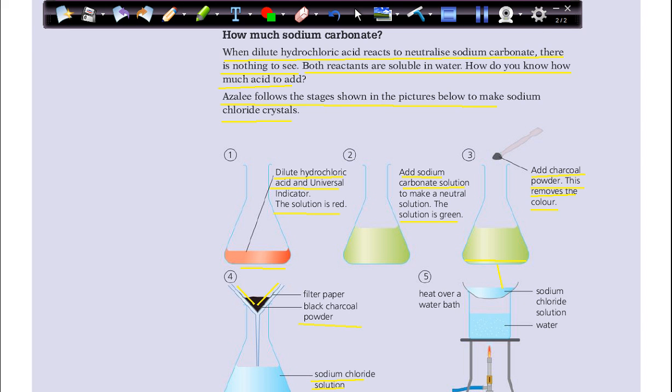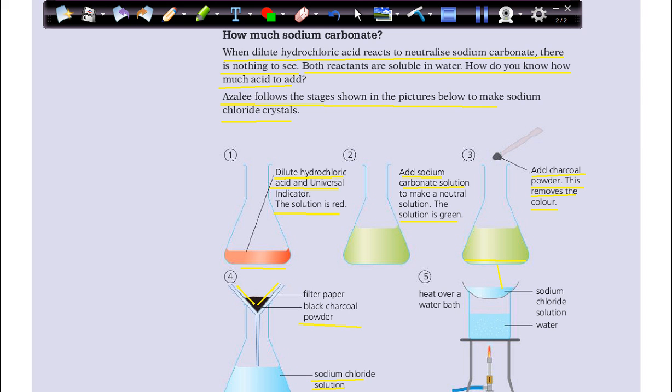As we said, first we need to add dilute hydrochloric acid, then add sodium carbonate solution. You have to be careful when you add sodium carbonate solution. You have to add it slowly, so you get the quantity that you want. Then when the color changed, she added charcoal to remove the color, because it's green.